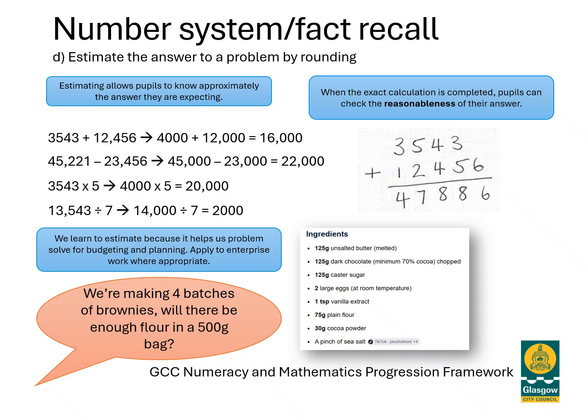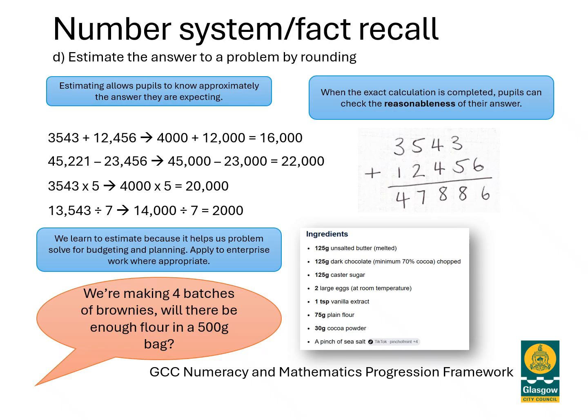And with this particular teaching point, there's good options for linking to any budgeting or enterprise work that you're doing as well. We learn to estimate because it helps us problem solve for things to do with budgeting.